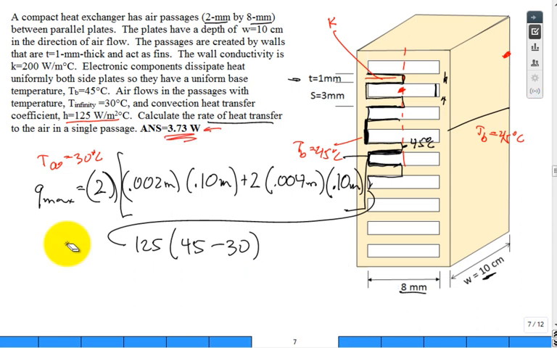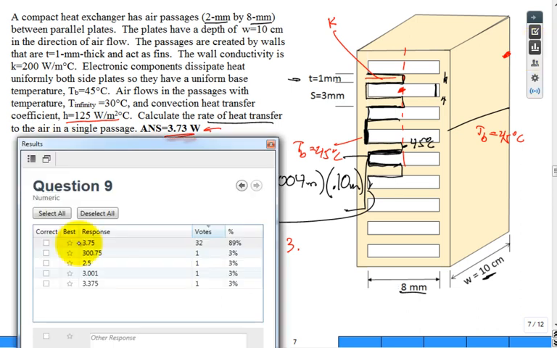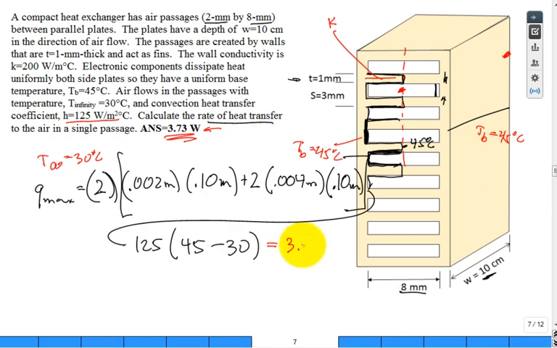So when you crunch this number, doesn't this come in at about 3.75? Yeah. So that's how many watts are transferred, 3.75 watts. That's assuming that it's the same temperature of 45 degrees everywhere that the air sees, okay?